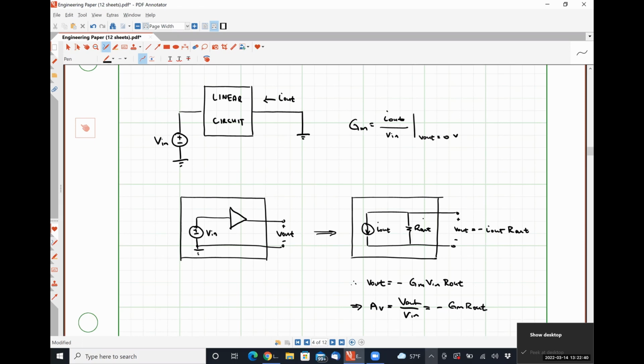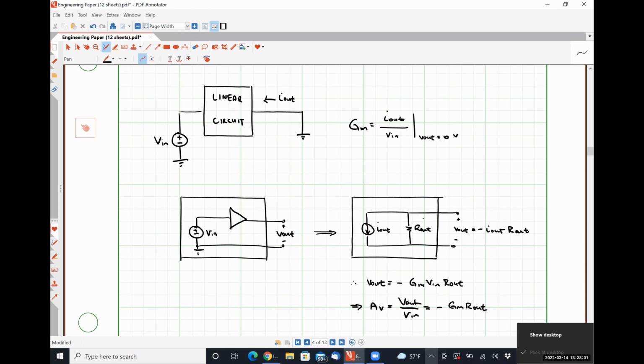In this class, to this point, we've focused pretty strictly on voltage amplifiers, but I would argue that all of our transistor amplifiers could be thought of as a two-stage amplifier where we have a transconductance amplifier and then an output stage, which is usually just a resistance.